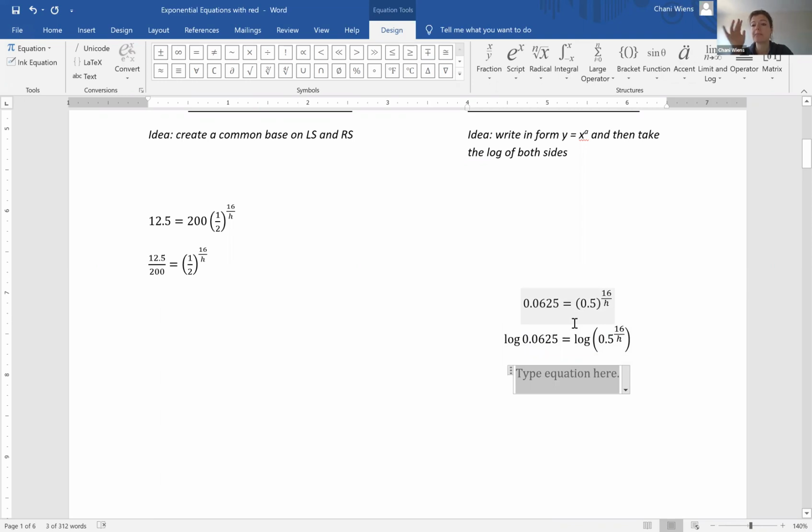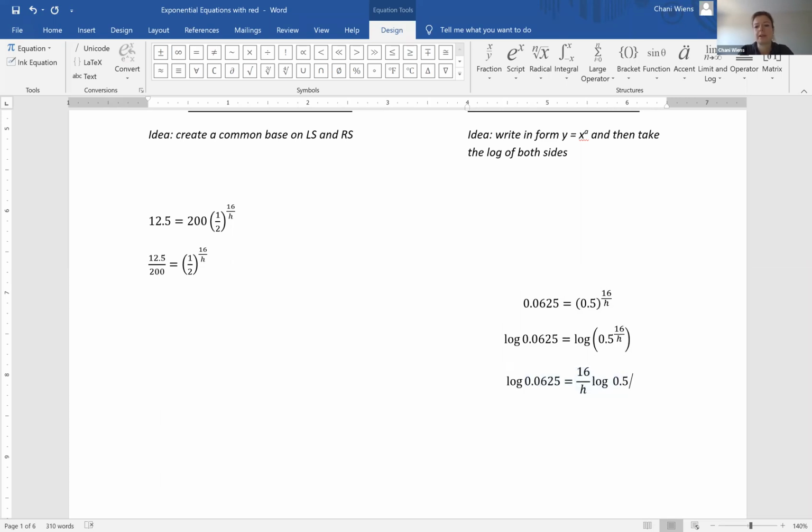And that is really important because now the unknown, the variable, is down where everybody else is, and we can solve for that variable in a way that we're accustomed to. The problem right now is that the unknown is in an exponent. So by making it a coefficient, we can solve for it. The right-hand side is going to remain the same right now, but this 16 over h we bring down as a coefficient.